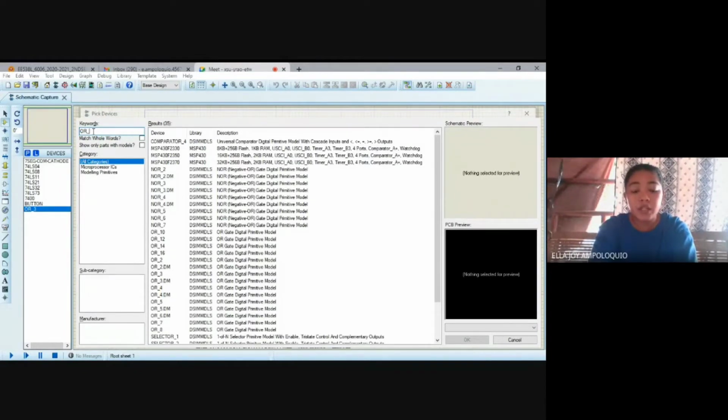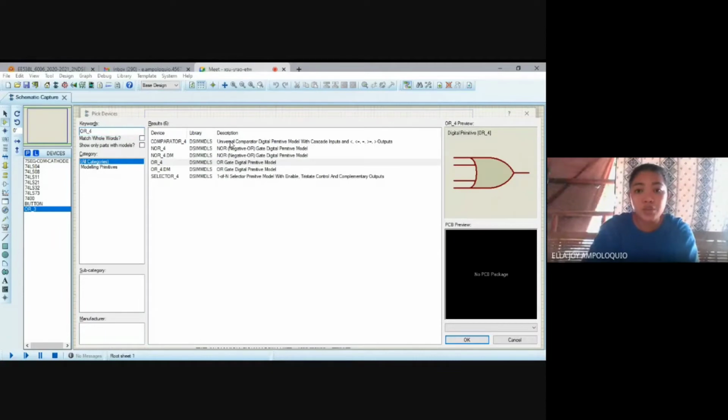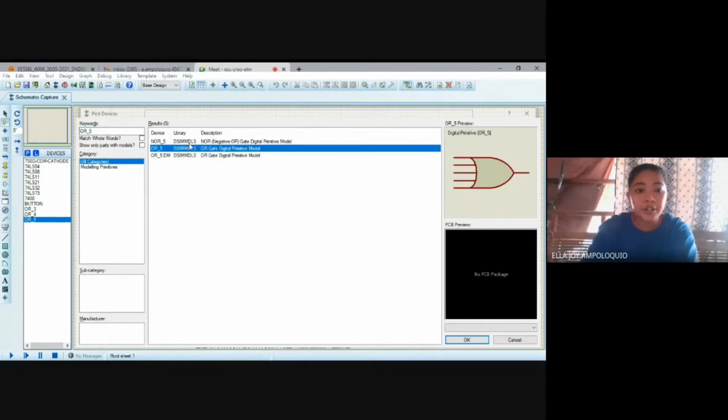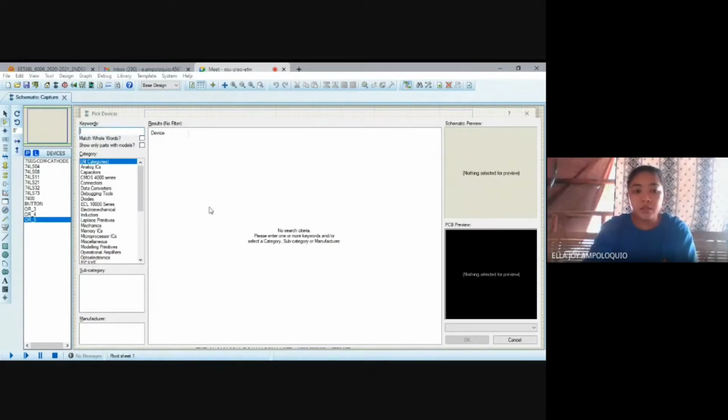So I will use the OR gate with 3 inputs, 4 inputs, and 5 inputs to make it easier. So I think that's it, all the devices that I need to use.